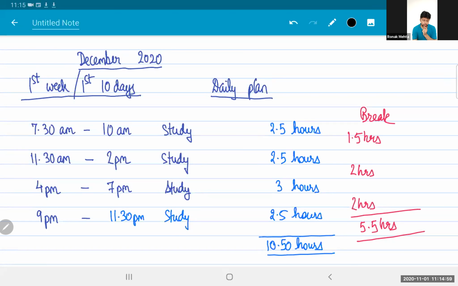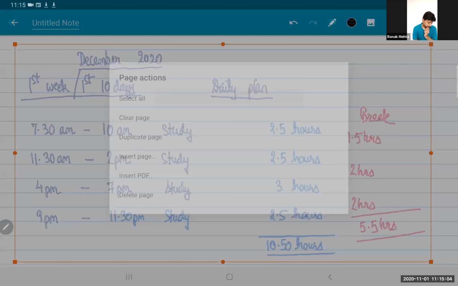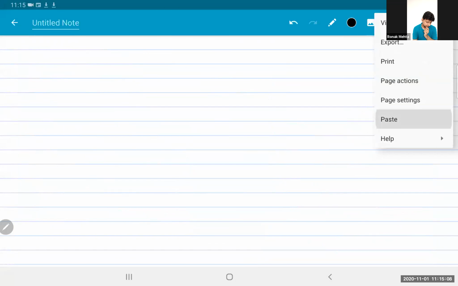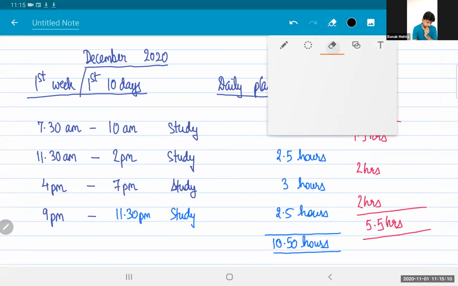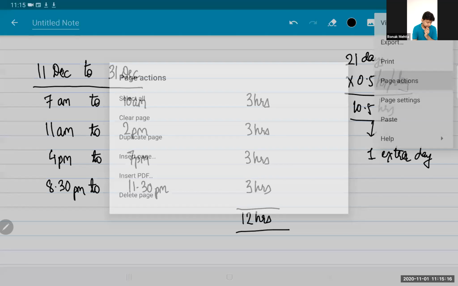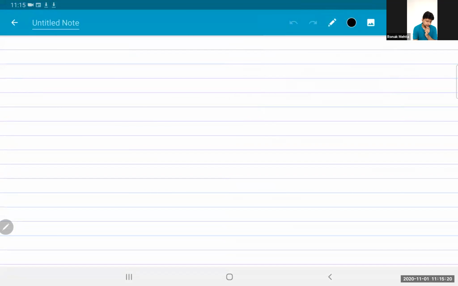Now, what I would do is, let's say if I take this as an example, you categorize your subjects into theory and practical, as in subject like law, subject like audit is complete theory.